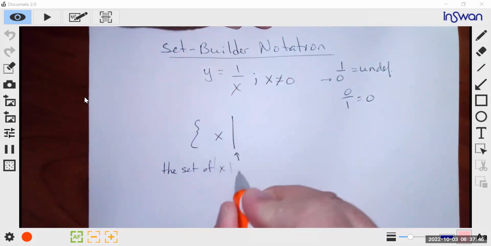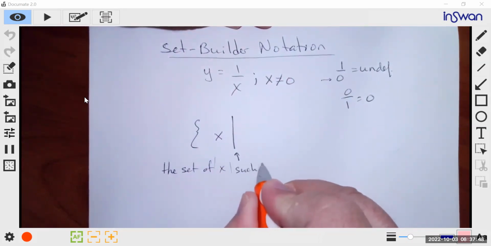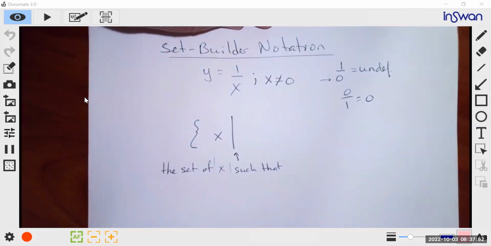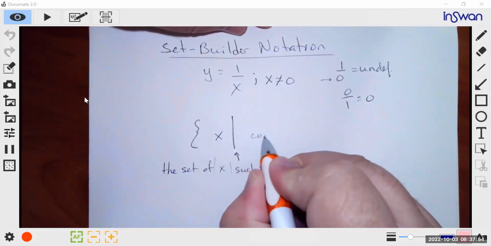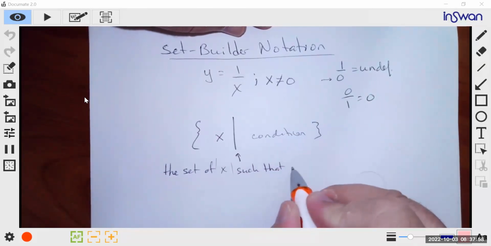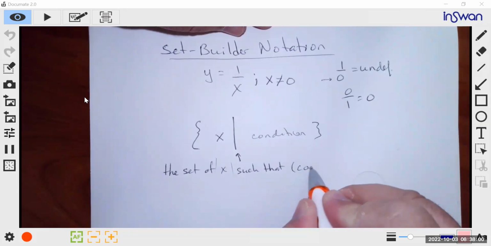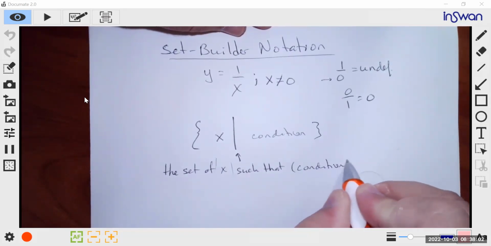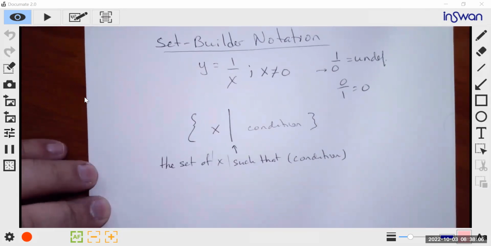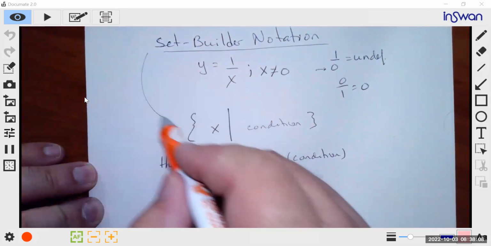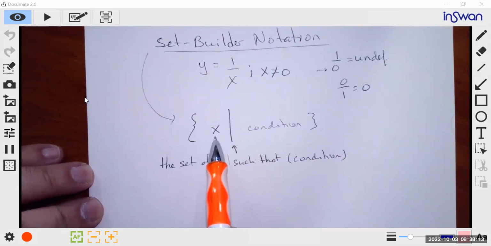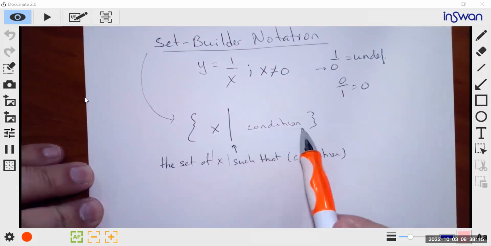That line there means such that, and you have some sort of condition. This is set builder notation. It's read the set of x such that here's a condition.